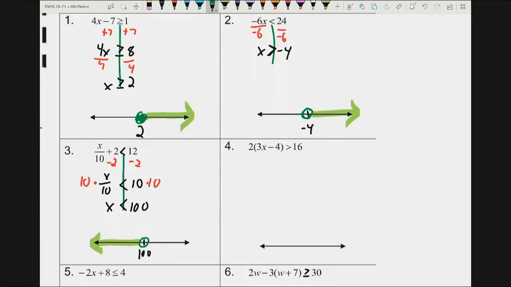All right, number 4. This one has a different first step because we have the parentheses there. We've got to distribute. Gives me 2 times 3x is 6x. 2 times -4 is -8. Is greater than 16.